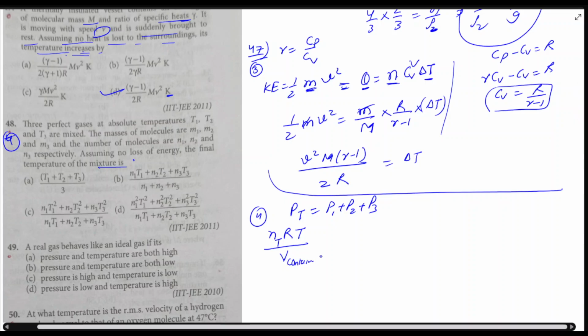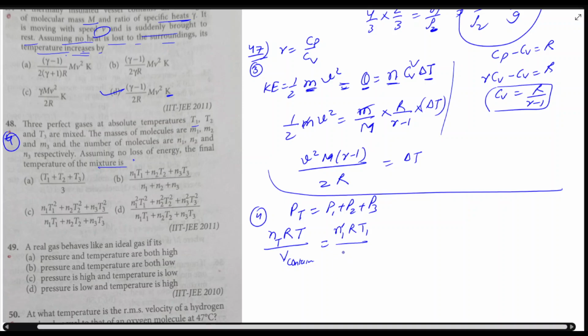P1, the partial pressure of the first gas, will be the number of moles of the first gas times R times T1 divided by the volume. Here N1 is moles and this is molecules, so we'll just change it and write N dash.